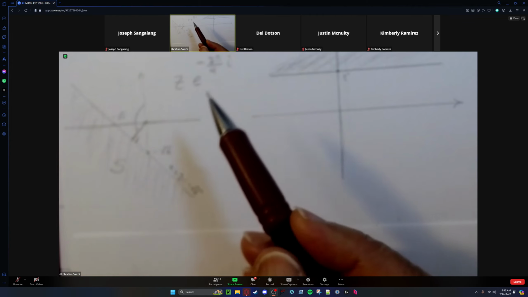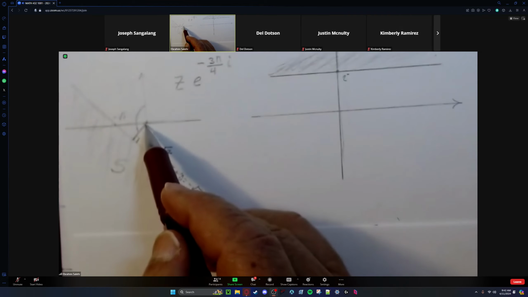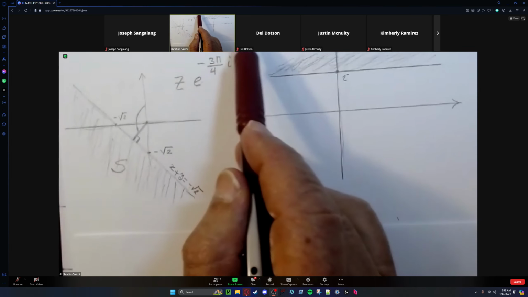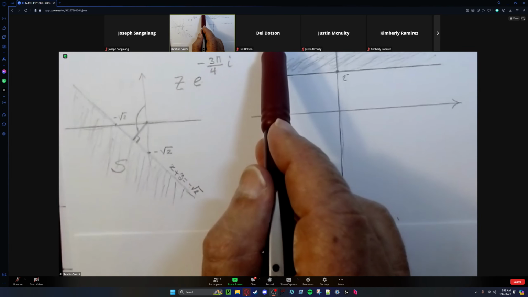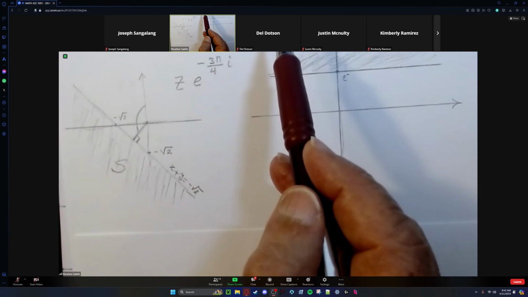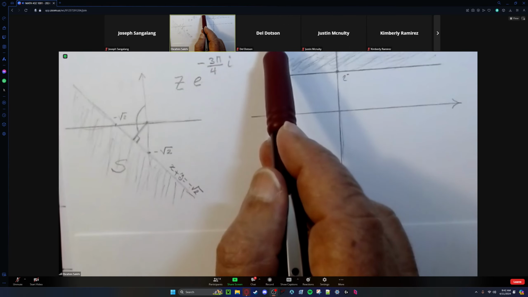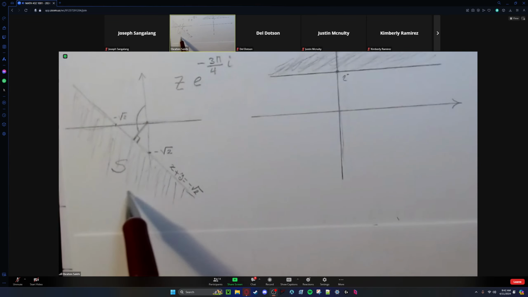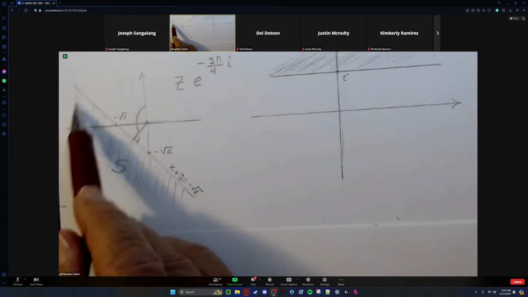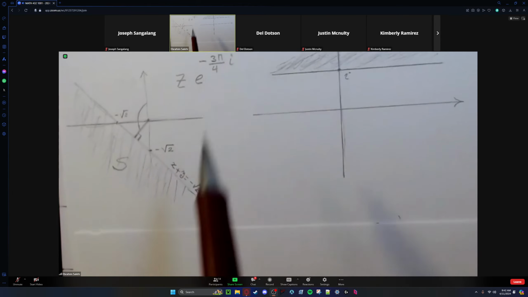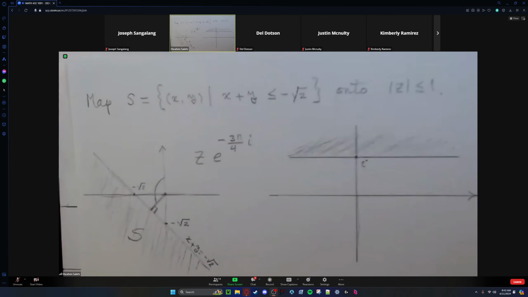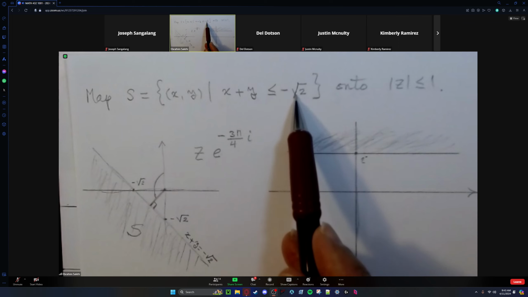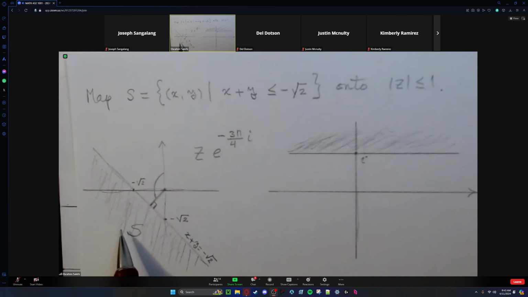You choose a test point, 0, 0. Plug it in here. It says 0 less than or equal to that, which is nonsense. So the part that contains 0, 0 is not acceptable. This is where the set of all x, y's such that x plus y is less than or equal to negative square root of 2. This is the part.